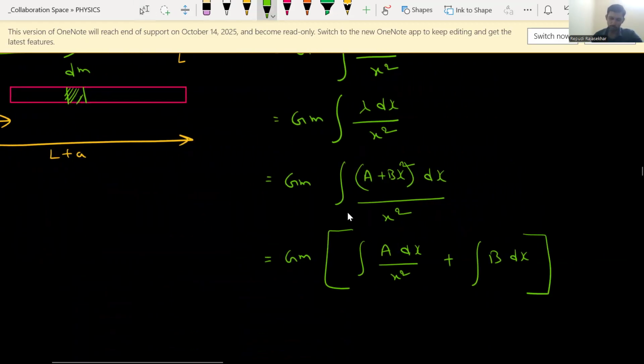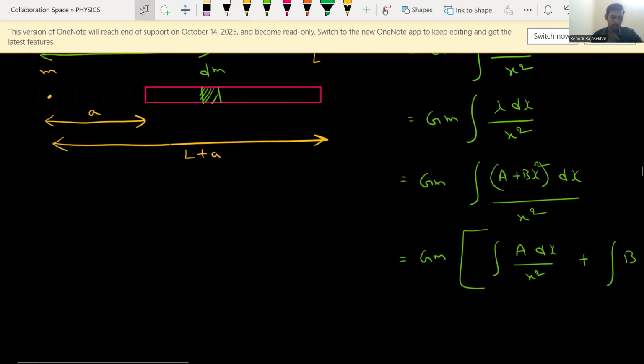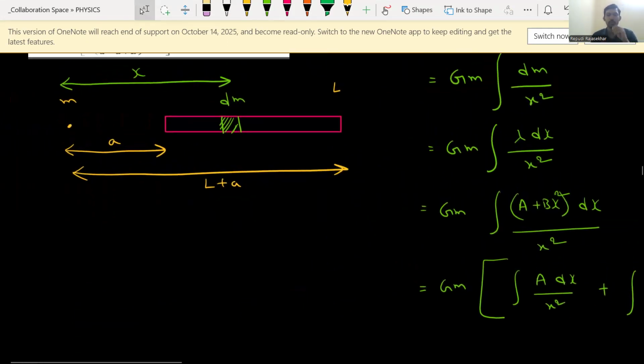Now limits, from where to where do we need to take the limits? Limits also play a very important role. If you take wrong limits, the answer is also wrong. How to choose the limits? First see where the rod starts from, at which distance from the given point size particle. This is the point size particle, and the rod starts from here.